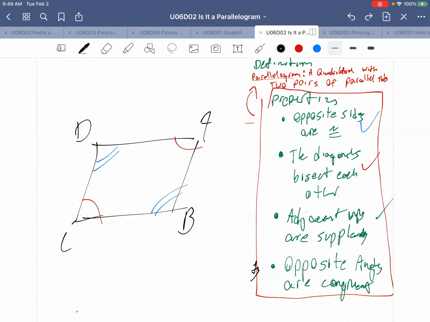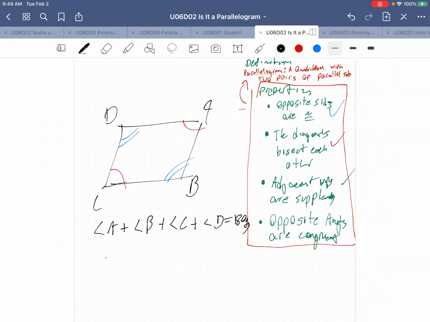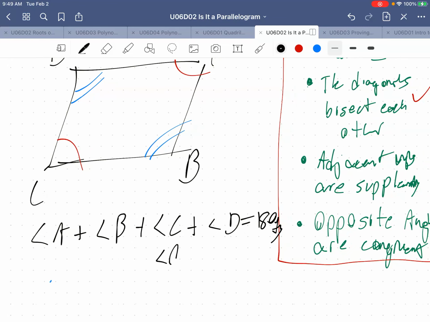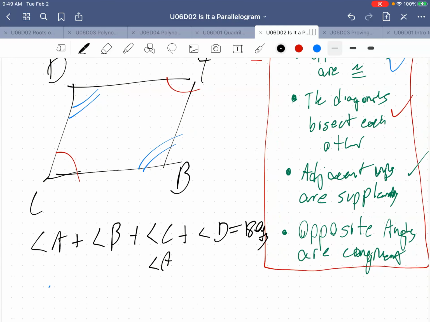So because in a quadrilateral the sum of the angles adds up to 360 degrees, we can say that angle A plus angle B plus angle C plus angle D is equal to 360 degrees. And because we know that A is equal to C, we can replace the C with an angle A using substitution.